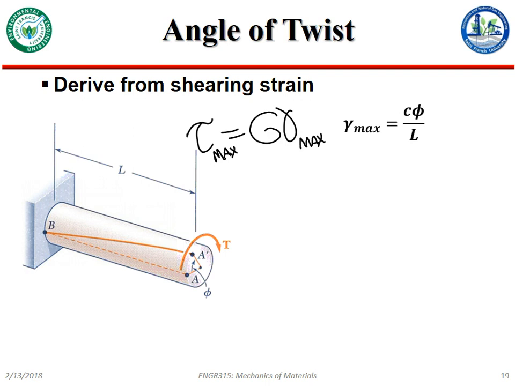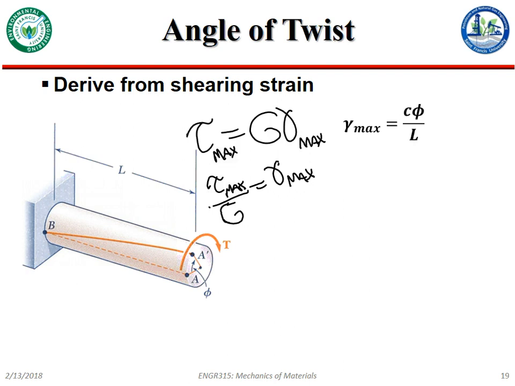It's just Hooke's law in torsion, similar to Hooke's law in tension, where you have normal stress equals Young's modulus times normal strain. So I can solve all this for gamma max, and I get an expression for that maximum shear strain in terms of a maximum shear stress and the modulus of rigidity.